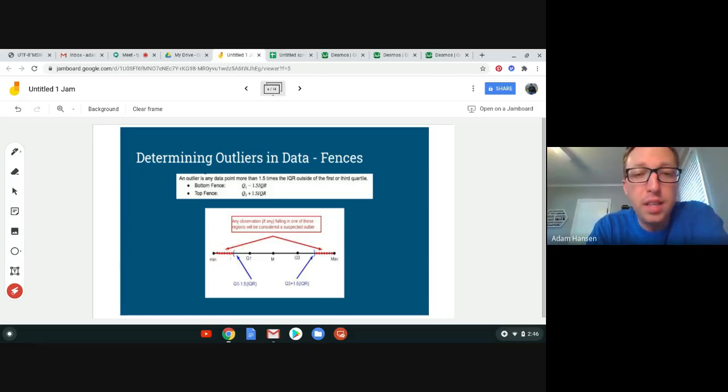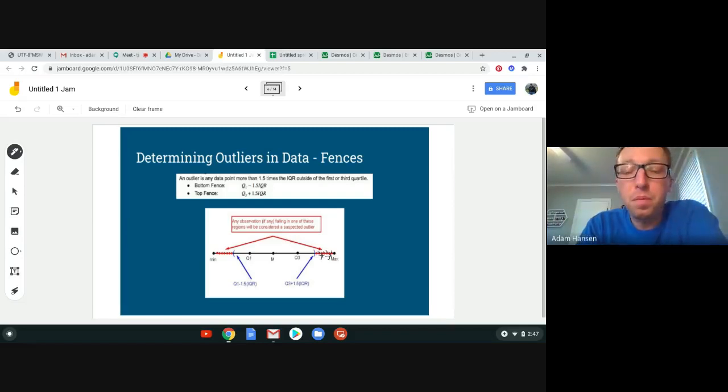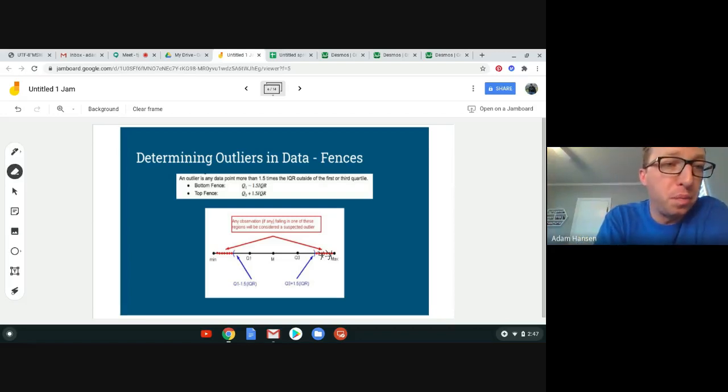They'd be smaller than that lower cutoff value and considered outliers for our distribution. When we make a box plot here in a minute, I mark those data points that are considered outliers with little stars or X's, denoting that they are atypical values given the distribution.